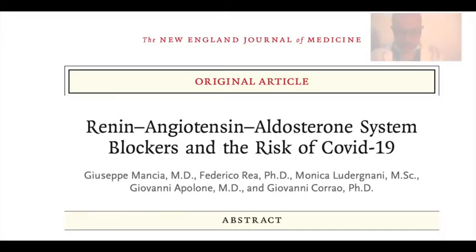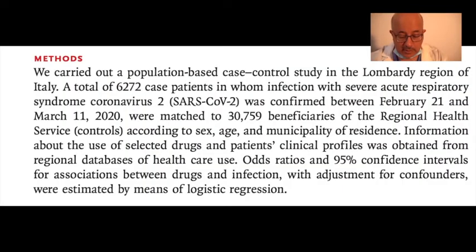Two studies were published recently in the New England Journal of Medicine examining the effect of ACE inhibitors and ARBs on COVID-19 infection. The first study was a population-based case-control study from Lombardy, Italy, and it compared 6,700 case patients with beneficiaries of the regional health system as controls, matched according to age, sex, and municipality of residence.